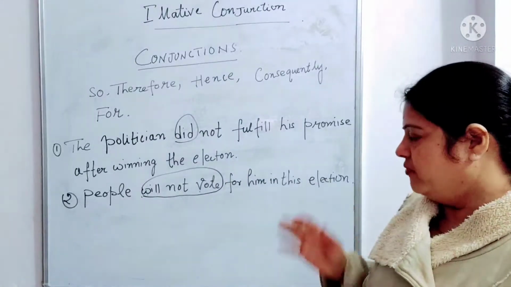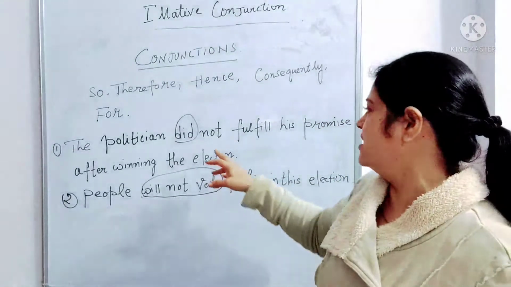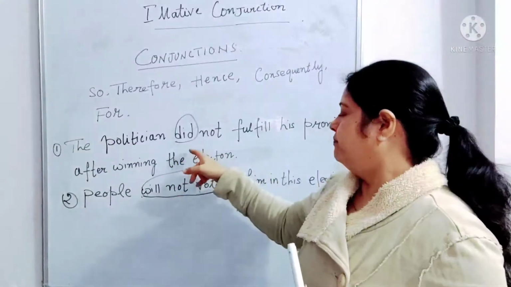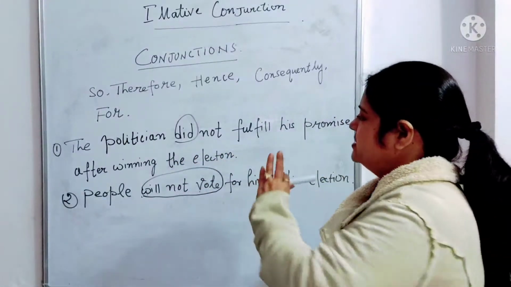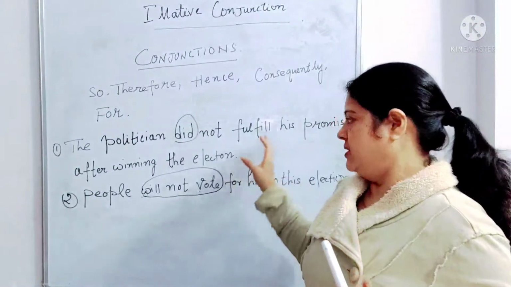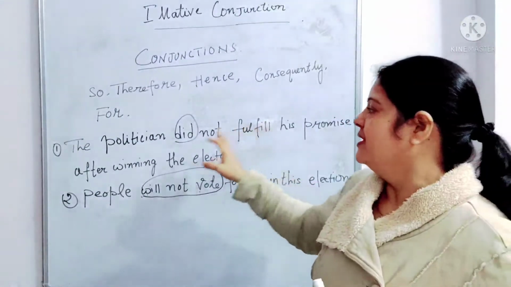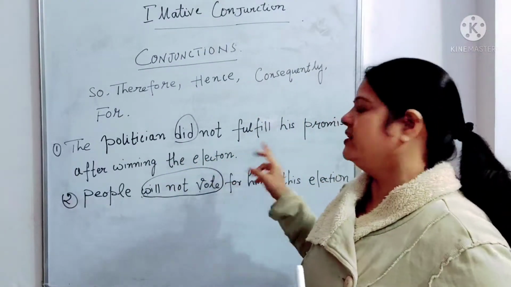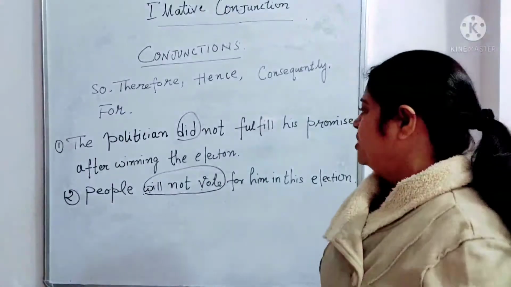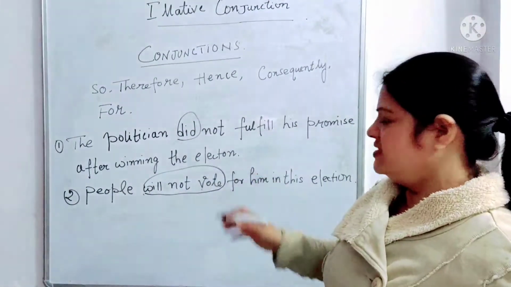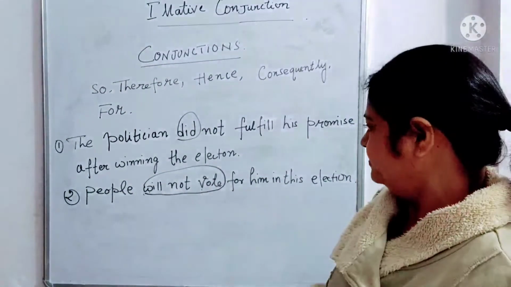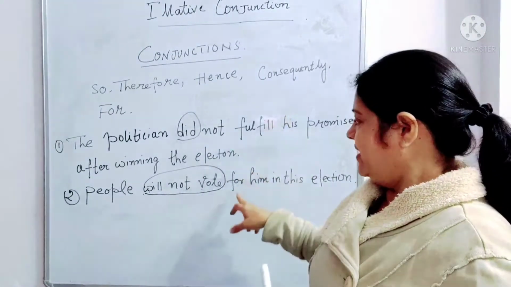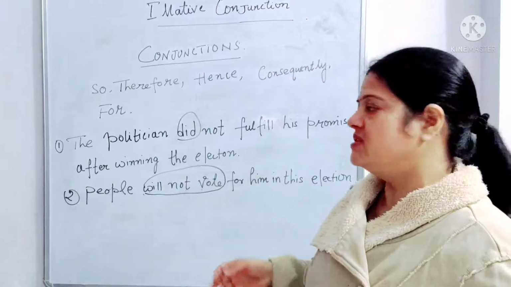Okay. So what we'll do is, one simple sentence is showing the reason and one sentence is showing the result. The politician did not fulfill his promise after winning the election. So here we see that the first sentence is actually the reason that the second thing is happening.